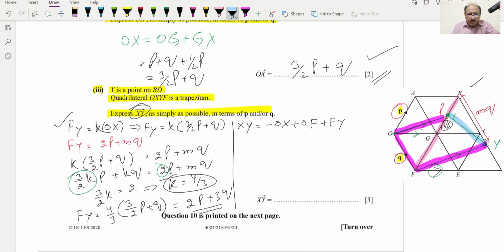Replacing the values, it will be minus 3 by 2p, and minus q plus OF will be q, and plus FY, which we just found, 2p plus 3q. Now we can cancel minus q with plus q, and the remaining will be 1 by 2p plus 4 by 3q. This will be our final answer, 1 by 2p plus 4 by 3q.